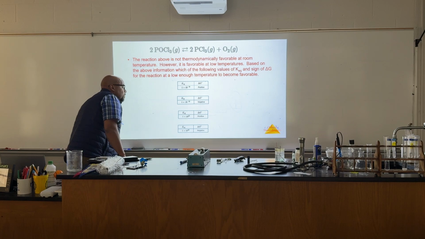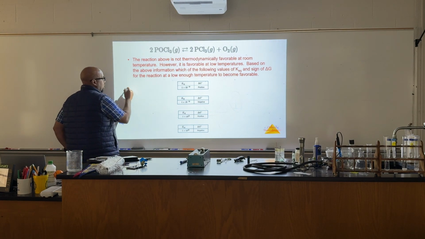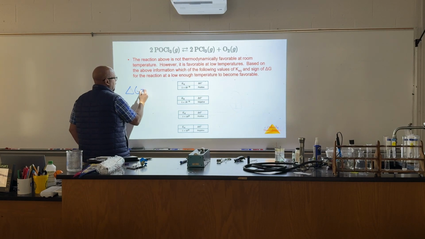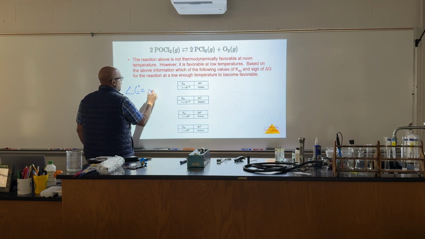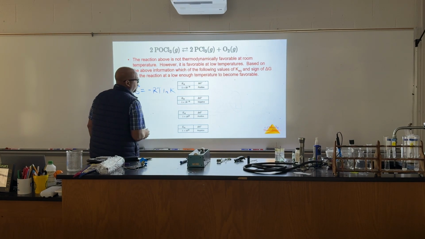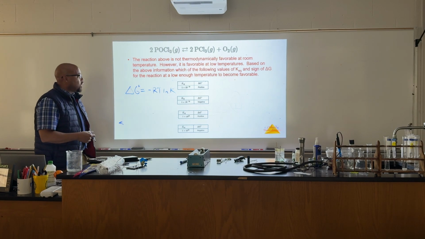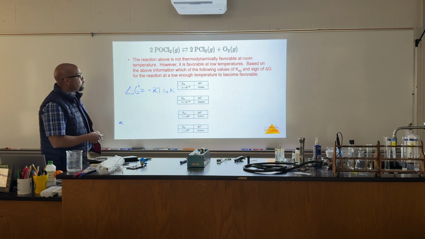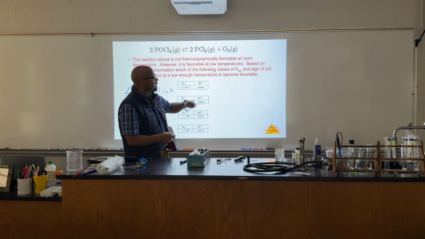All right, so all you have to do to solve this one is go delta G is equal to negative RT ln of K, because we have an equilibrium here. They're saying we want this thing to be spontaneous in the forward direction.